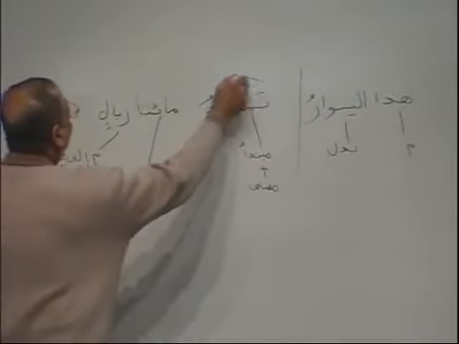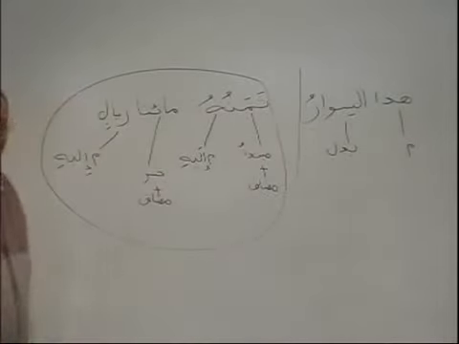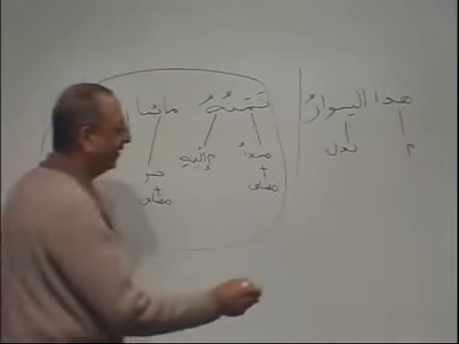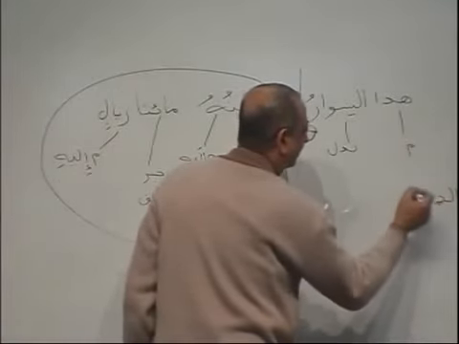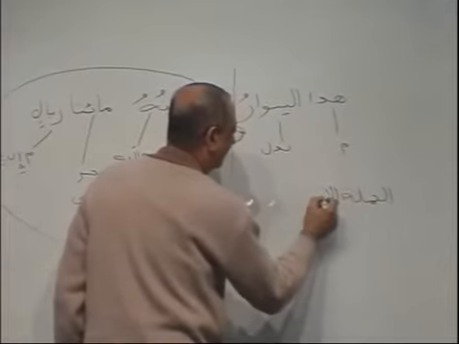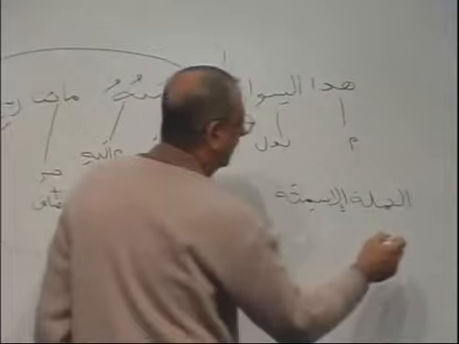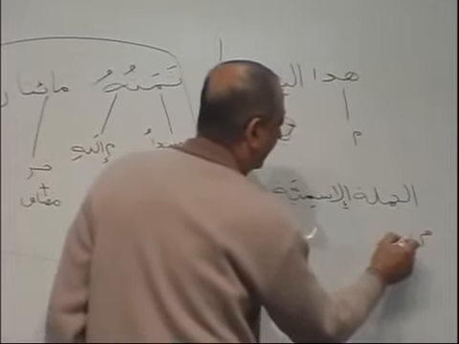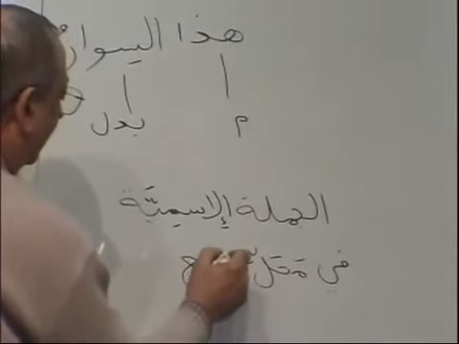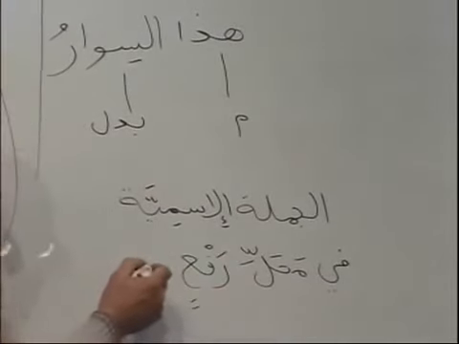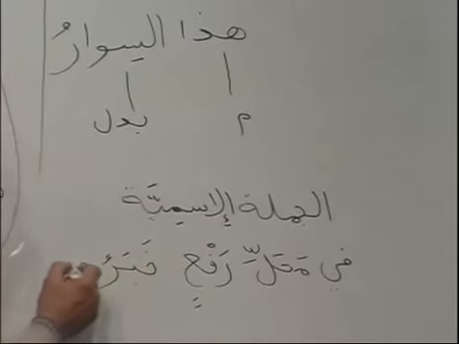Now this whole sentence, what kind of a sentence is this? Then I will write down, brother. Al-jumlatul ismiyatu fi mahalli raf'in khabaru haza.